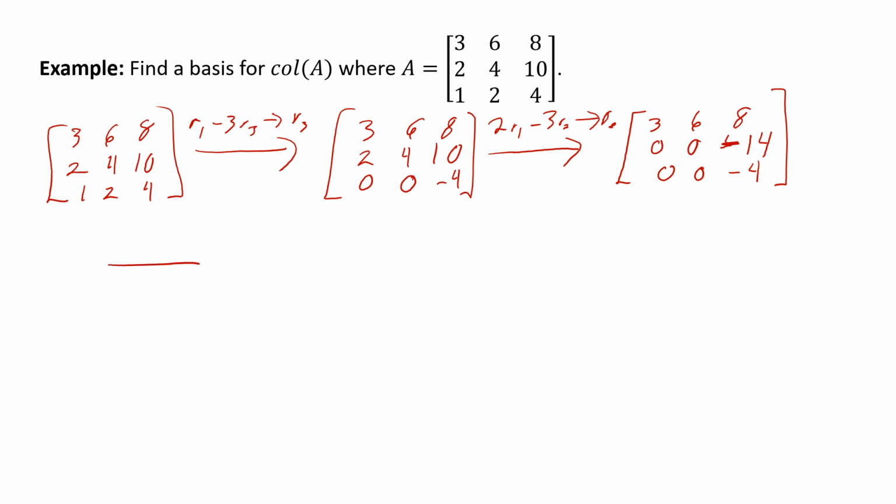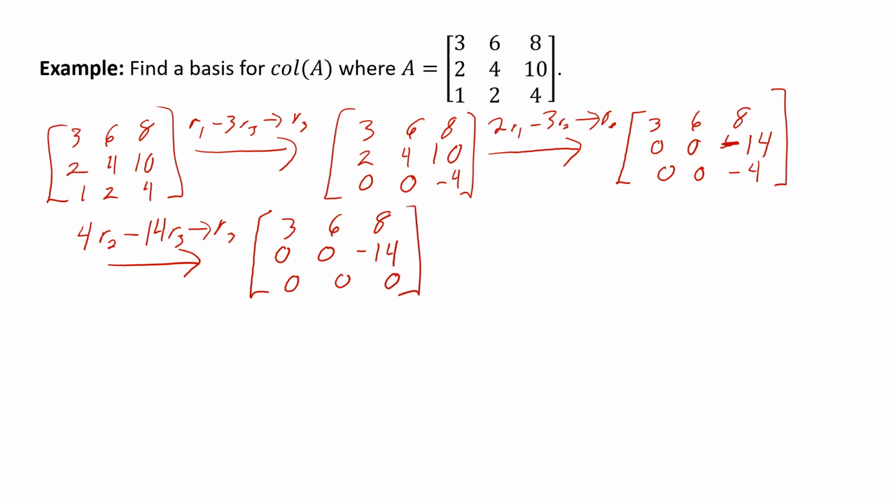Then if we take this, what are we going to get here? 4 times row 2 minus 14 times row 3 is the new row 3. We get 3, 6, 8, 0, 0, negative 14, 0, 0, 0.